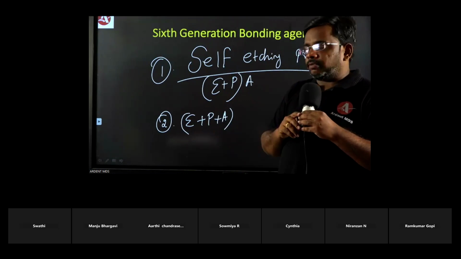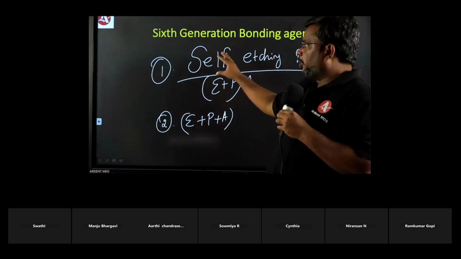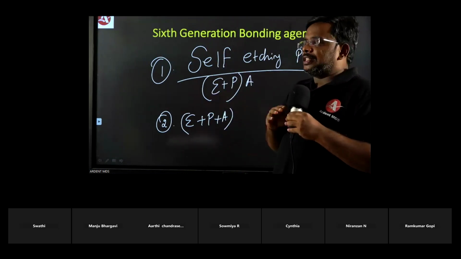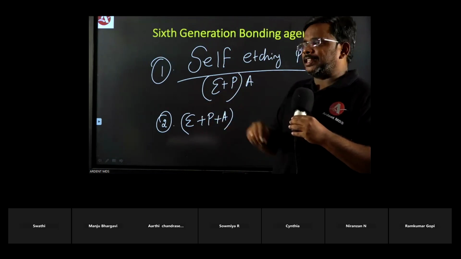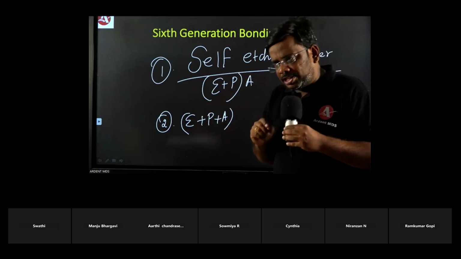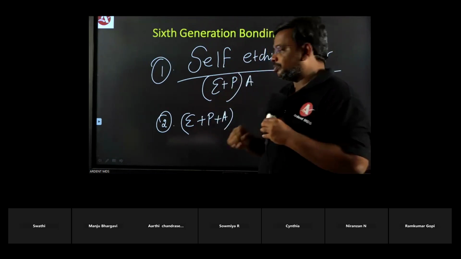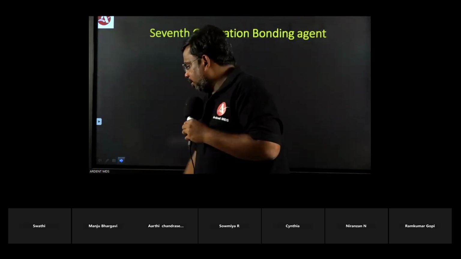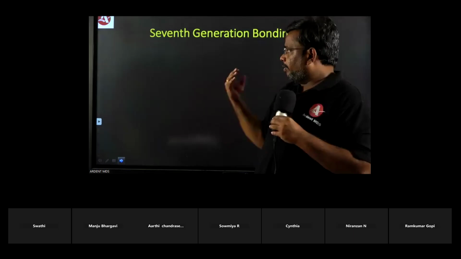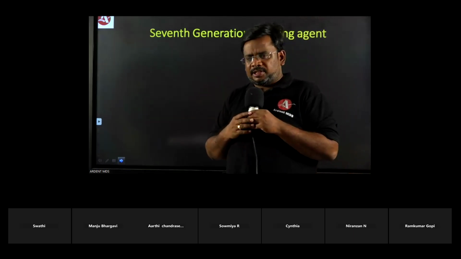These are the two models of the sixth generation. But the bonding strength of the sixth and seventh generation is comparatively very low, so we are not using much of the sixth and seventh generation.